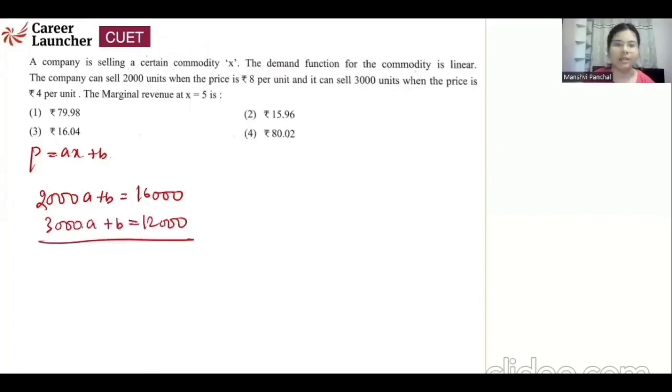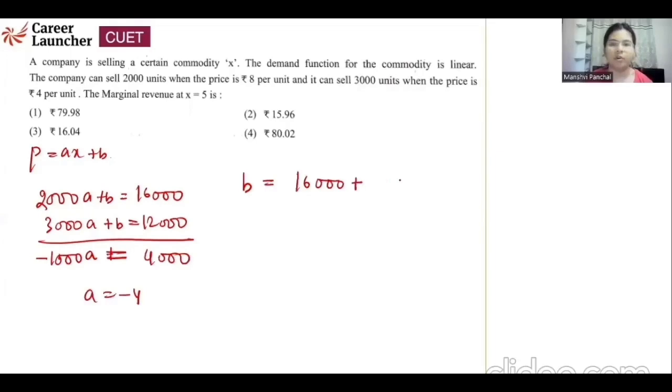If you subtract it, then 2000 A minus 3000 A will be minus 1000 A, which equals 4000. So A will be minus 4, right? And B will be 16,000 plus 4 into 2000, it means 8,000. So 16,000 plus 8,000 will be 24,000. It means that P is actually 24,000 minus 4x.